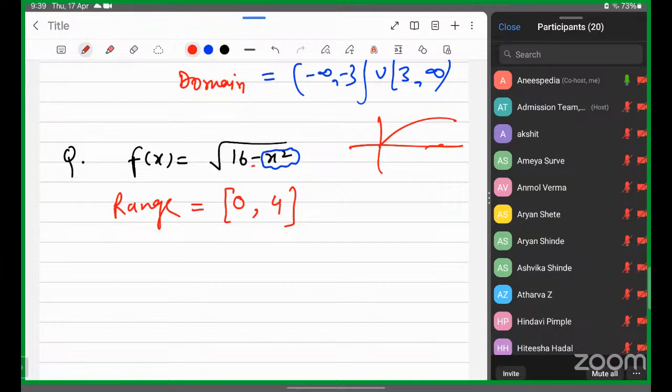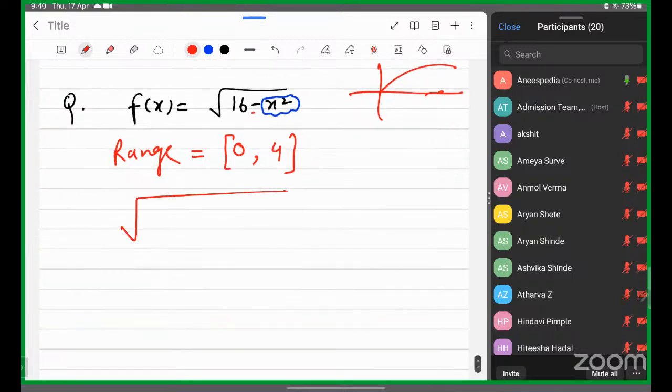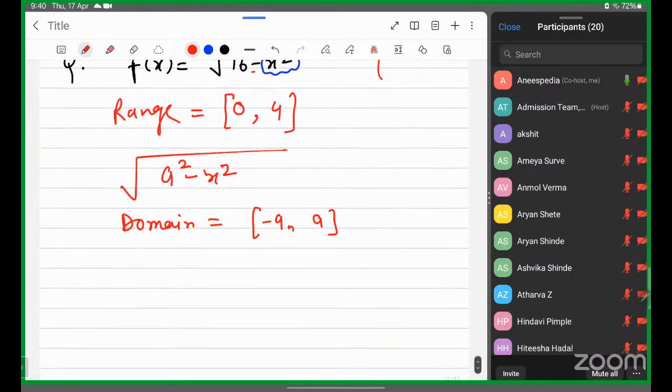So if you are looking for a trick here, it will be like this. If we have root of a square minus x square, its domain is obviously minus a to a, and its range will be from 0 to a.